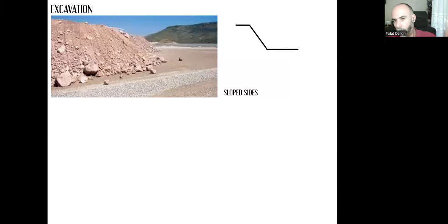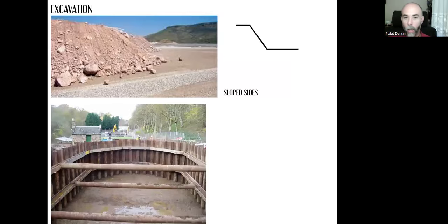However, if we create sloped sides, then the risk can be minimum. Or if we need 90-degree sides, then we can have these support systems. This example is called sheet piling or shielding. In Turkish, we call it palplanche.